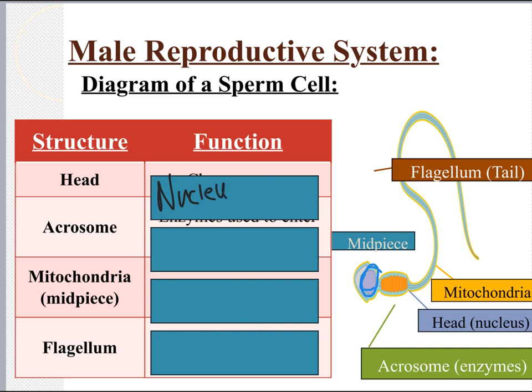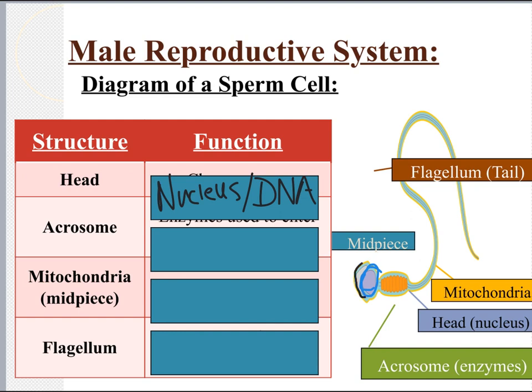It's the nucleus where it's holding the DNA. We've talked several times already this year about how egg cells and sperm cells each contain 23 chromosomes. 23 chromosomes come from mom, 23 chromosomes come from dad. Those chromosomes are stored in the head, or the nucleus, of the sperm cell.